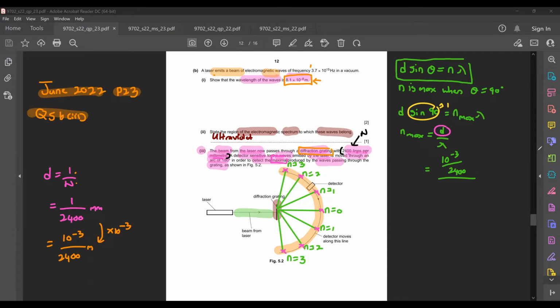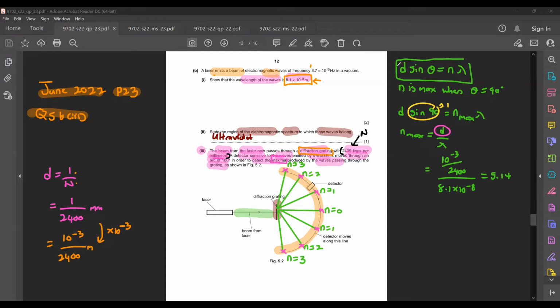So the value of the wavelength is already something that you know, which is 8.1 times 10 power minus 8. So you take the value 10 power minus 3 divided by 2,400 divided by 8.1 times 10 power minus 8. You will get the value as 5.14.